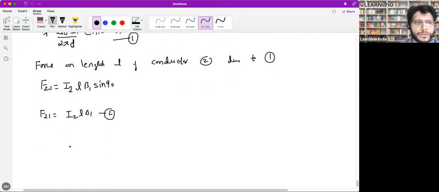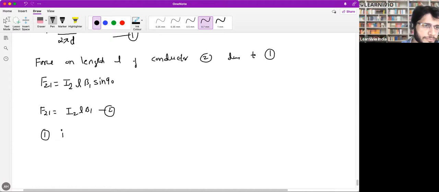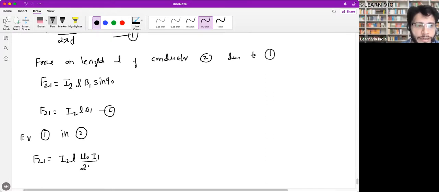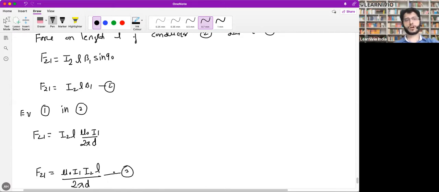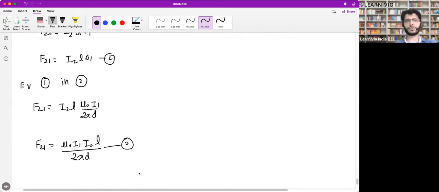We can substitute 1 in 2. Then F21 is I2 L, and instead of B1 I can write mu naught I1 by 2 pi D. So it's mu naught I1 I2 by 2 pi D into L. This is the force on conductor 2 due to conductor 1.